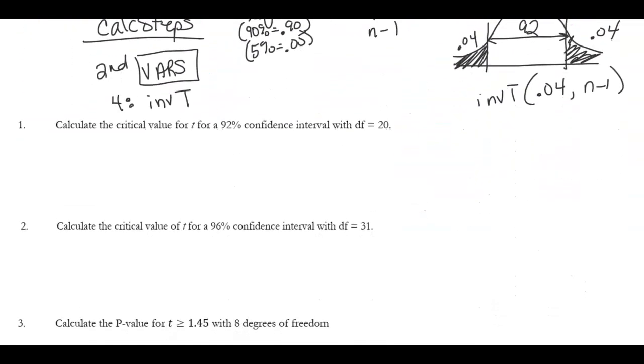And so we actually have this one set up right here because it's 92%. So we're going to do the inverse T of 0.04. And right here, it tells me my degrees of freedom is 20. So since it tells me my degrees of freedom is 20, I'm going to plug that in.